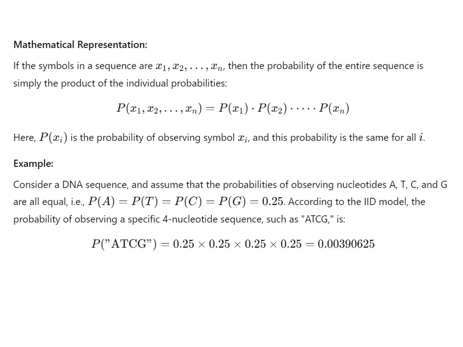According to the IID model, the probability of observing a specific 4-nucleotide sequence such as A, T, C, G is obtained by multiplying all these probabilities, which gives 0.00390625. In percentage, that is about 0.39 percent.